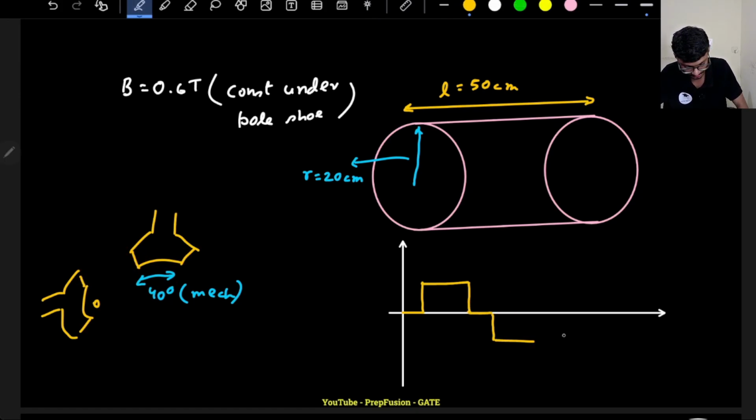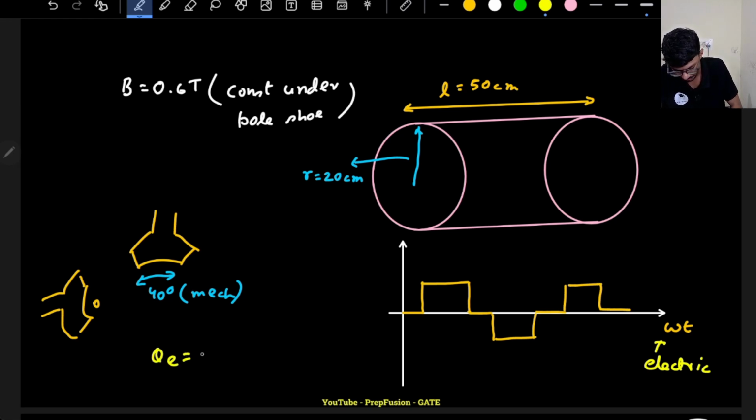Now this is an electrical waveform, right? This is not a mechanical waveform. So omega here is electrical. If it is 40-degree mechanical, what is electrical? So theta electrical will be P by 2 into theta mechanical, correct?